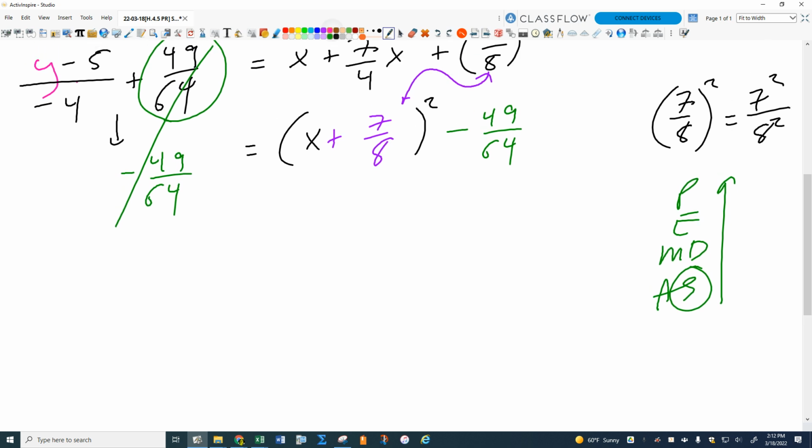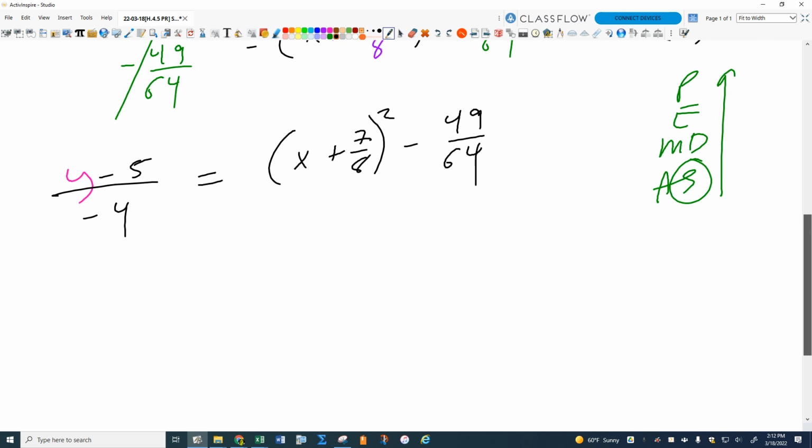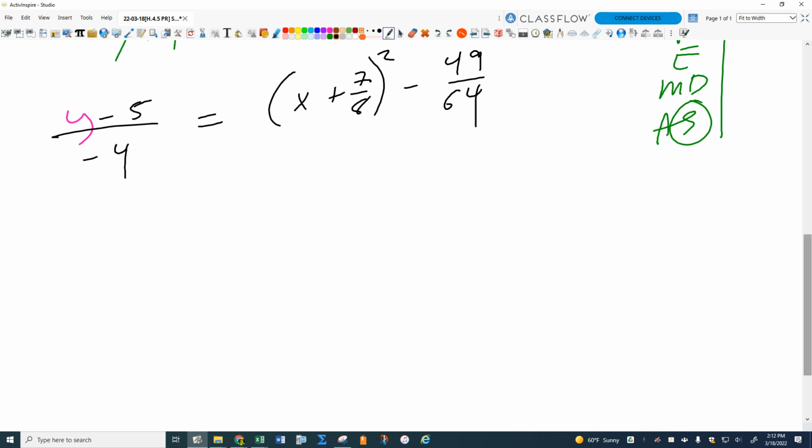So then I've got my y minus 5 all divided by -4 equals the quantity x plus 7/8 squared minus 49 64ths. Okay, now what's next? To get that y by itself. Okay, multiply by -4 to undo dividing by -4. Okay, good.